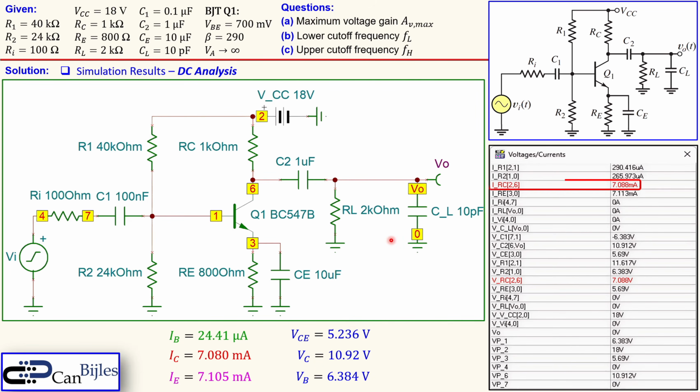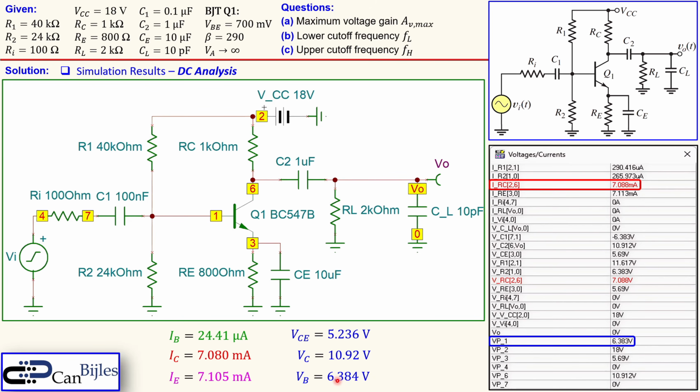Let's go here through some of them. So we have here the collector current, which is actually flowing here. It's highlighted in red. This is 7.088 milliamps. We had calculated 7.080 milliamps, so very close to what we have calculated. It's very nice. We also see here the VP1, which is actually the voltage at node 1. It says 6.383 volts.